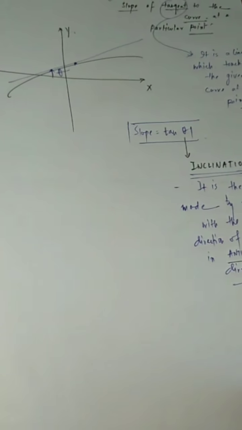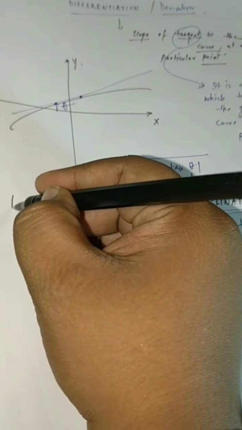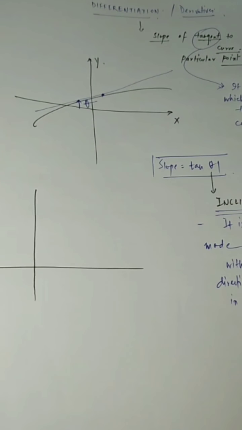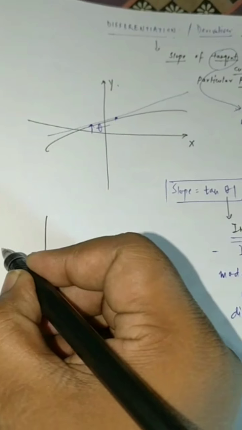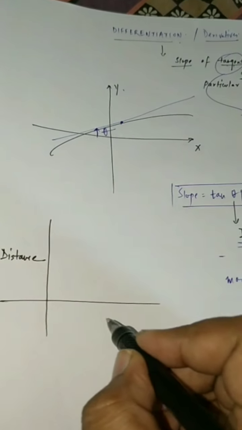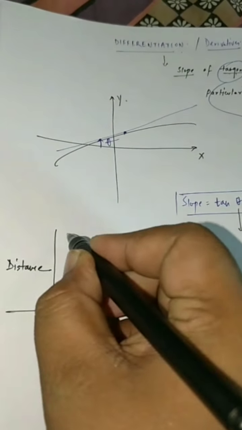Now let me explain this concept of slope with one more example. We can see it's again a Cartesian plane, rectangular coordinate system. Let me plot distance on the y-axis, time on the x-axis.